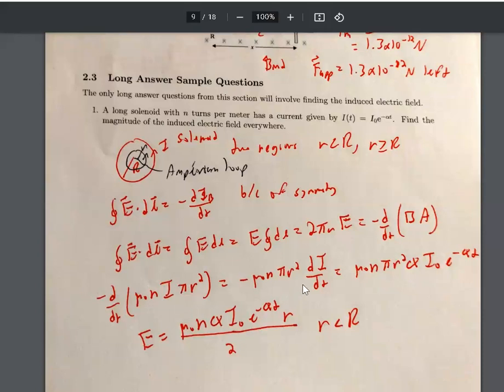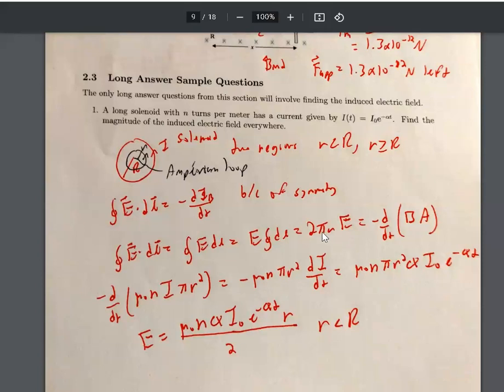And so that gives us this thing. All of these things are constants. They don't change with time except for the current. So we're left with the derivative of this current. And we were given our current as a function of time. So when we differentiate this, we'll pull out a minus alpha. The minus will cancel with this minus, and we have an extra alpha here.